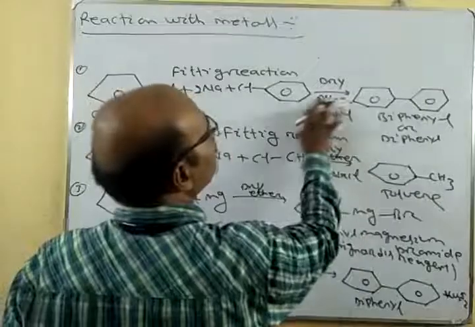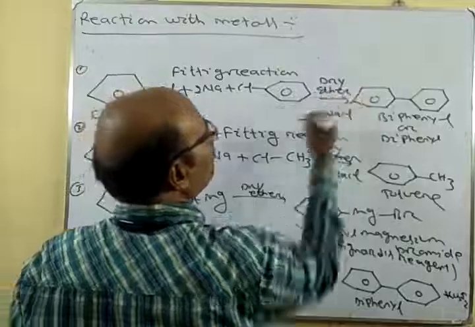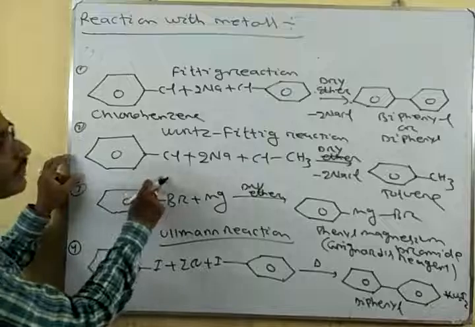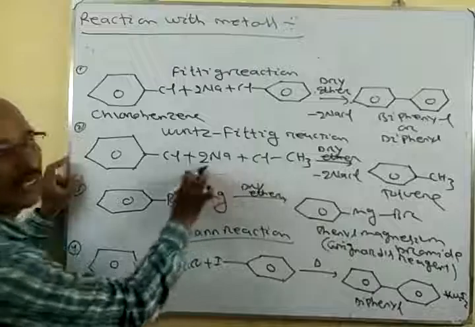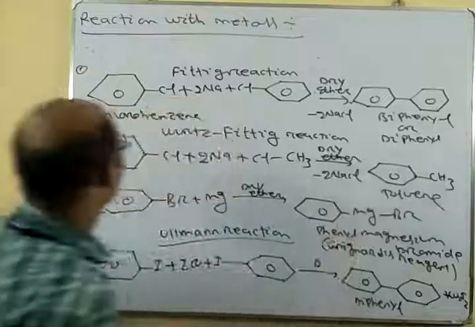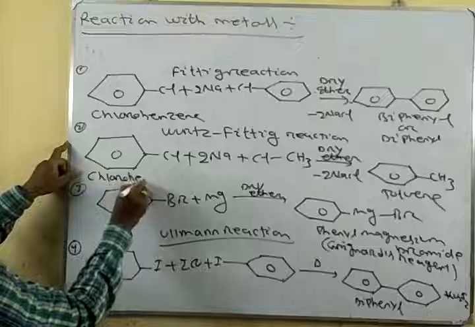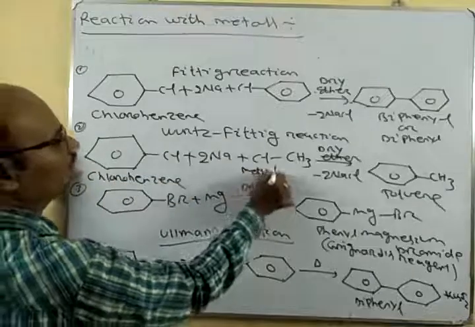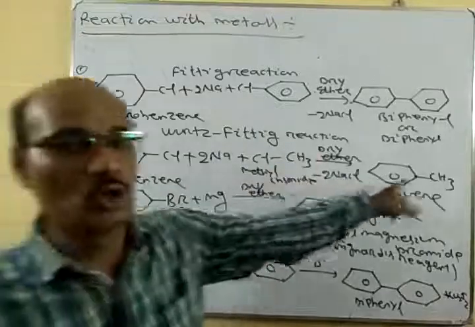So this is written like this, in dry ether, called the Fittig reaction. Similarly, when a haloarene reacts with a haloalkane in dry ether with sodium metal, we are getting toluene. See, chlorobenzene reacts with methyl chloride in dry ether to give toluene.